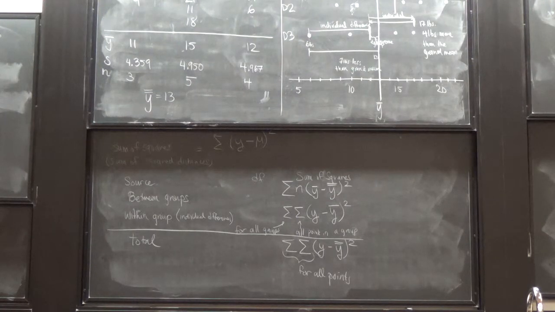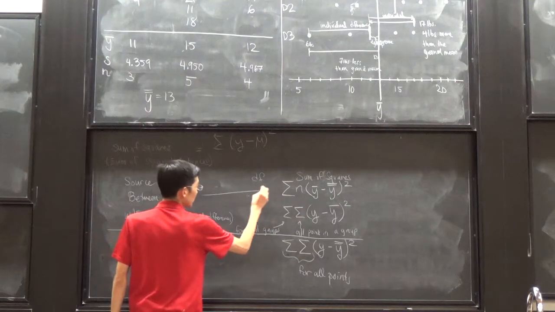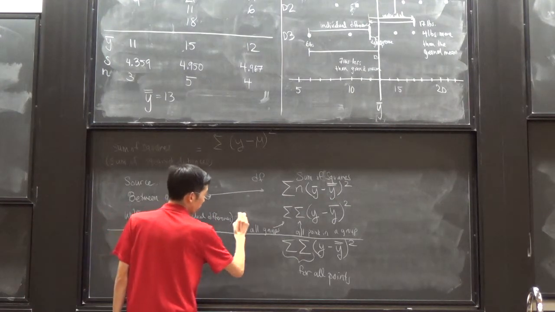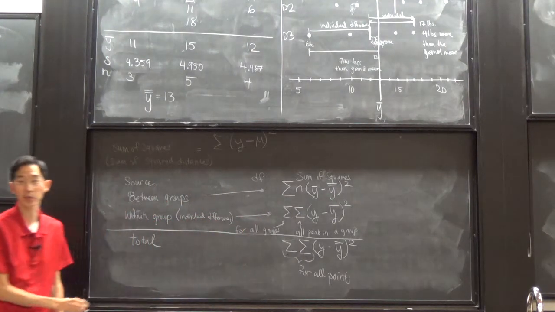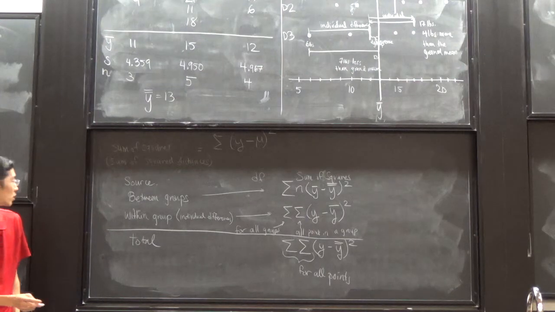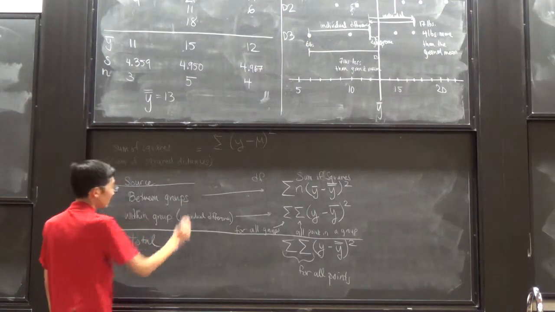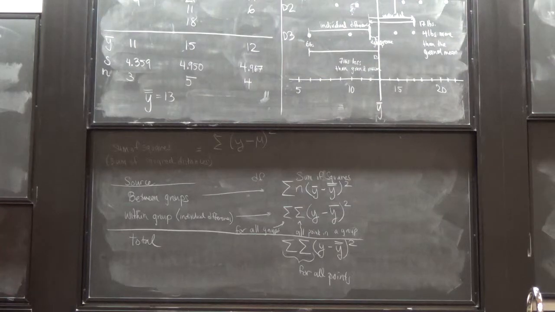Yes? Where you have source, between groups and within groups, do those correspond with the formulas? Yes. This is the sum of squares between the groups, and this is the sum of squares within the groups. Source is the column heading.